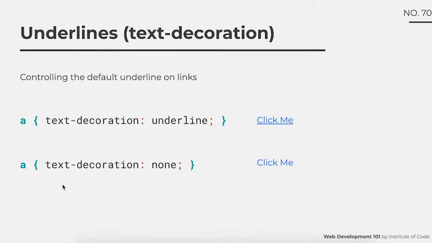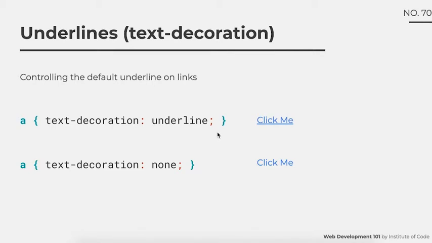Okay, underlines. You may have noticed when we create a link in HTML, it by default looks a bit like this. So the color is blue and it has this underline. It's not a border, it is a specific property called text decoration underline. And even though we haven't written that in our CSS, it's already being applied by the browser.